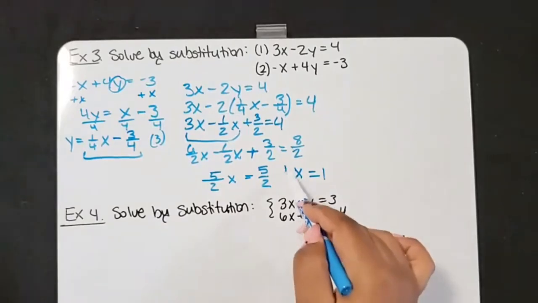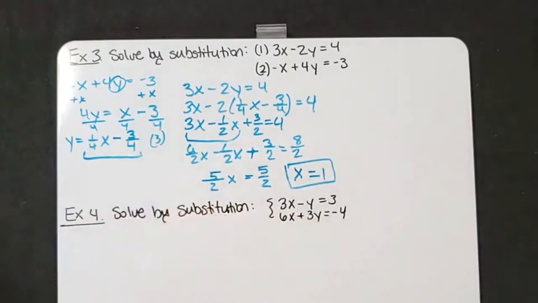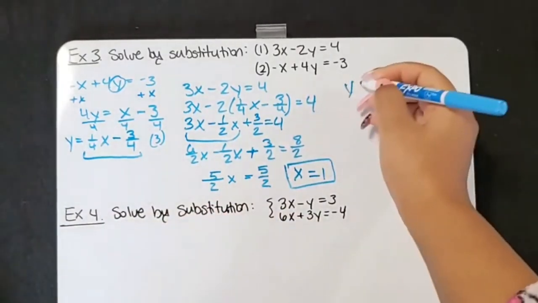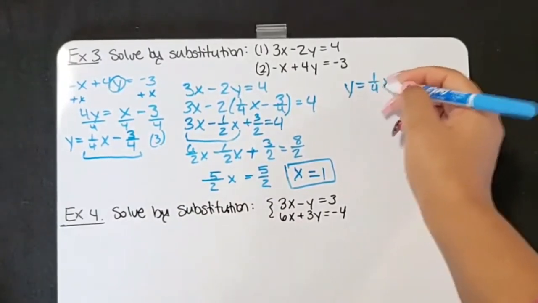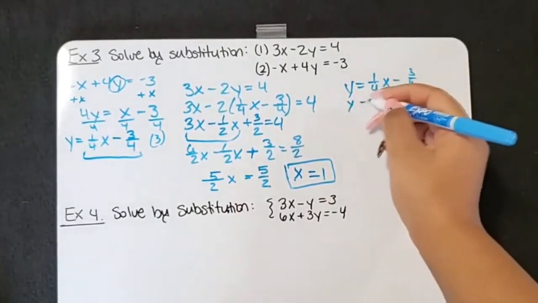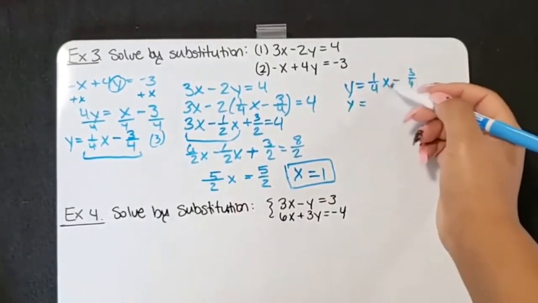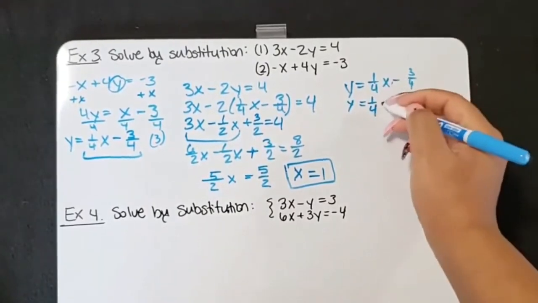After we have x equals 1, we're going to plug that back into equation number 3, which is y equals 1/4 x minus 3 over 4. So when we plug that 1 in here, it's going to be 1 times 1 over 4, which is just 1 over 4.